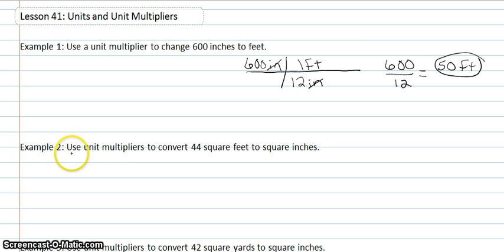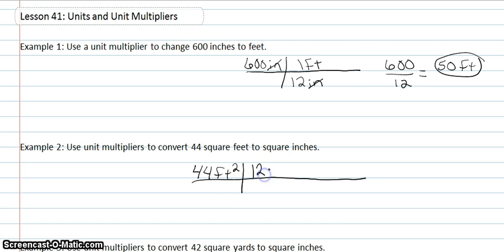In example 2, it says use unit multipliers to convert 44 square feet to square inches. So I'll put the 44 feet squared on my top line. And then I think about how many square inches are in a square foot, or how many inches are in a foot. And again, that's 12.